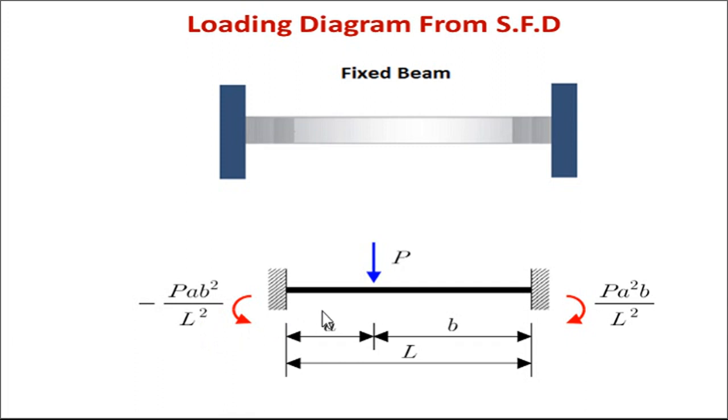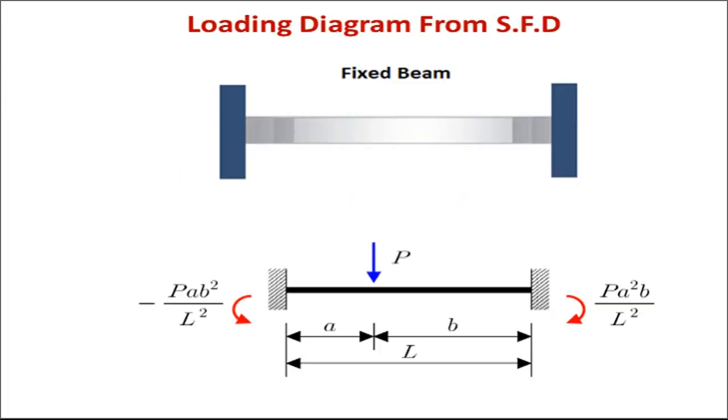The point load is acting at a distance A from the fixed end and B from the other end. That's why these two moments are acting at these fixed ends. So this is a fixed beam, and the moments differ for different types of loading, either a concentrated point load or a uniformly distributed load. This is the concept of the fixed beam.